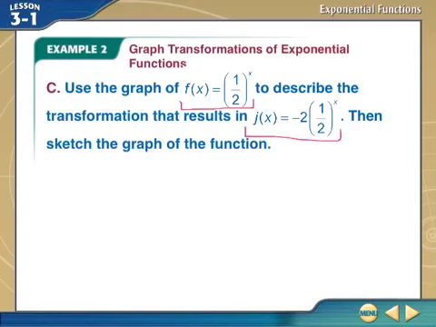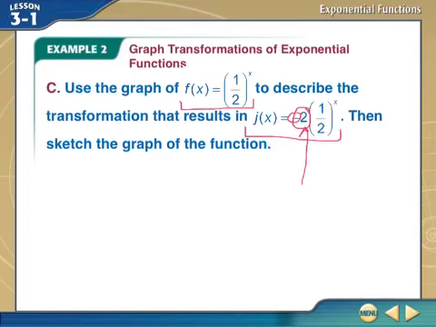If you remember from chapter 1, anytime we multiply by a number in front of our function, that vertically expands our graph as long as the number I'm multiplying by is greater than 1. Okay, so really we're multiplying by 2 here. This negative in front of the 2 actually reflects the graph over the x-axis.